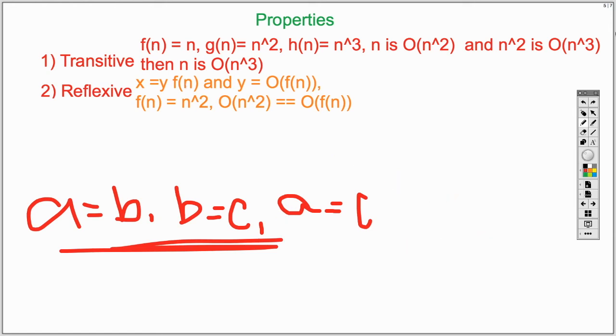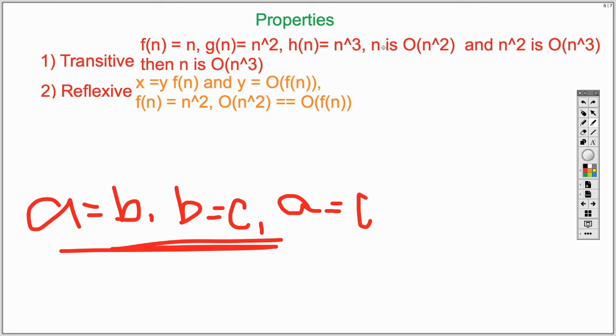In this one, what we said is f(n) equals n, g(n) equals n to the power of 2, h(n) equals n to the power of 3. Do we see what's happening here? It's just increasing the power.